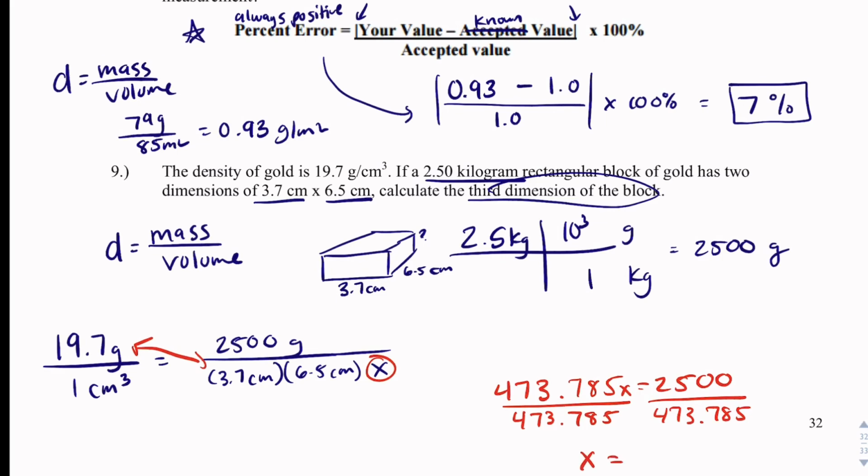So 2,500 divided by 473.785, we're going to get 5.27665 centimeters. Let's look at sig figs. 3 sig figs, 3 sig figs, 2 and 2, so we want to cut it off at 2. That'll round up to be 5.3 centimeters.